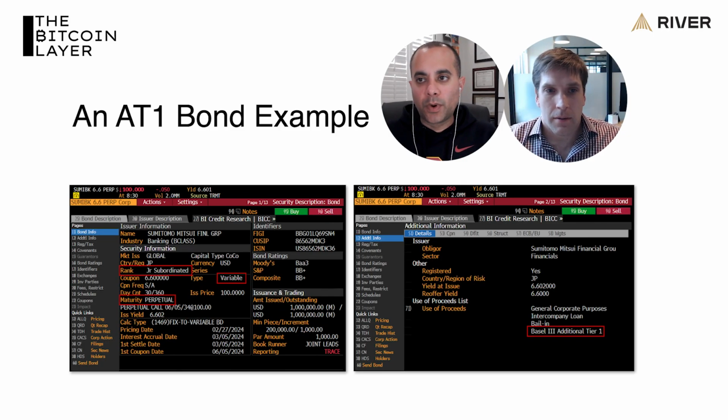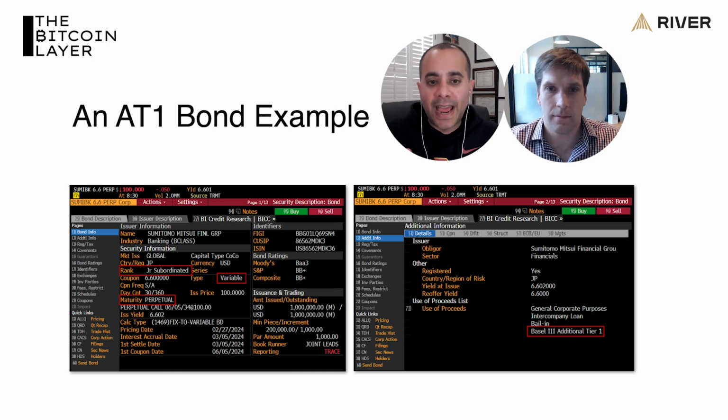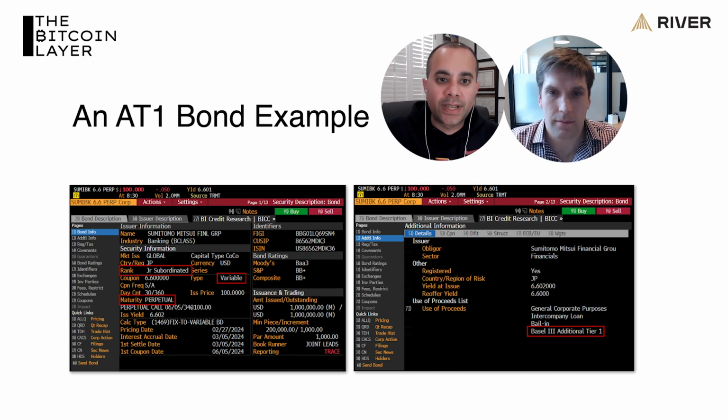Excellent. So I want to just go through a couple slides here. We have an AT1 bond example on the screen, and that is to show you that these are securities that are owned out in the market. So these types of securities have entered into Basel III's framework of Tier 1 capital. And in that way, these are bonds where the capital itself is sticky and not moving around.